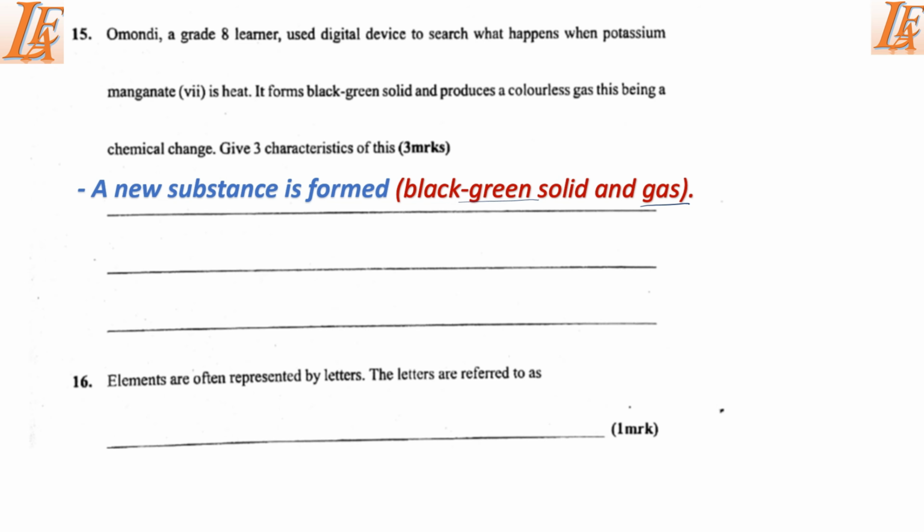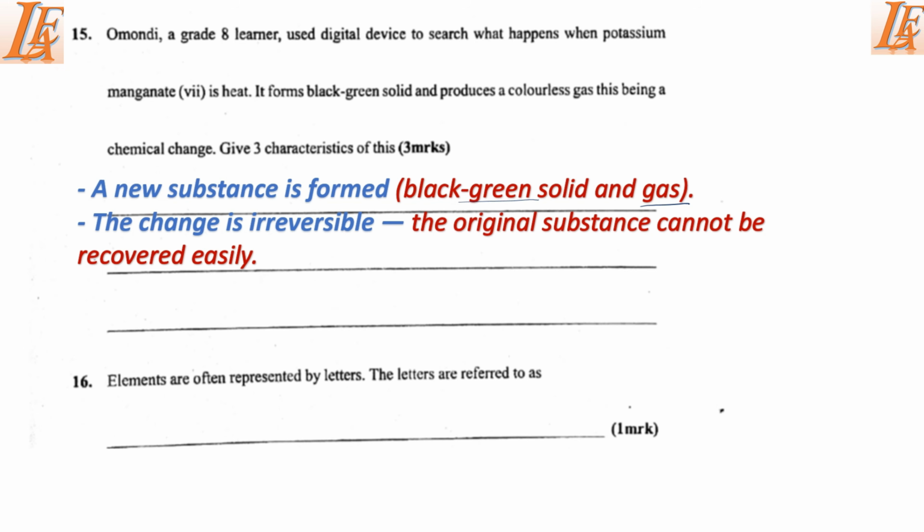Then another characteristic of this process is that the change is irreversible. You cannot return it back to its original position. Once you heat potassium manganate 7, a gas is lost, the gas escapes into the atmosphere. There is no way you can capture that gas and bring it back. So in this case, the change is irreversible. You can never reverse it back.